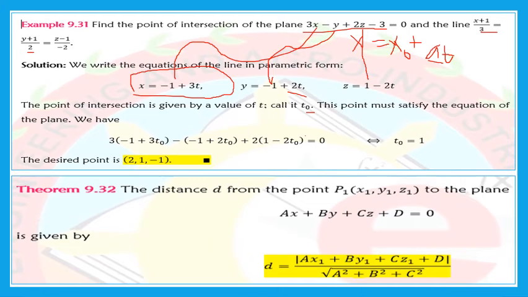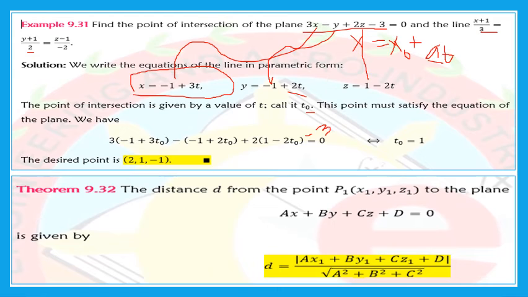Class, there is a minus 3 here, a typo error. Okay, so we have 3 times (negative 1 plus 3t sub o) minus (negative 1 plus 2t sub o) plus 2 times (1 minus 2t sub o) minus 3 equals 0. At t sub o equals 1, the desired point is 2, 1, and negative 1.